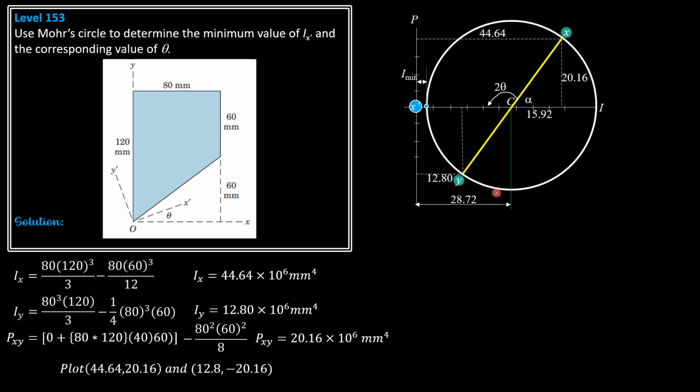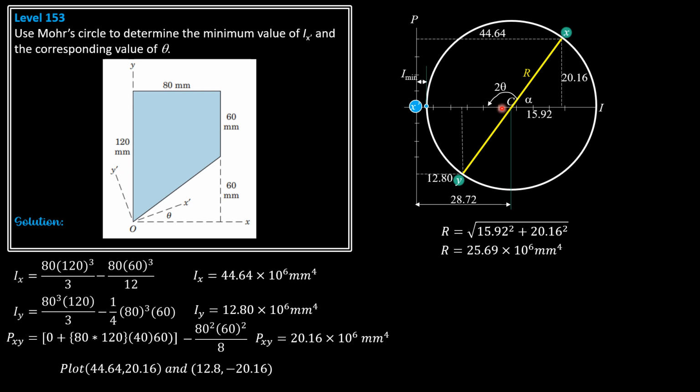So again, let's solve for r and alpha first. r is the square root of 15.92 squared plus 20.16 squared. So r is equal to 25.69 times 10 to the 6 mm to the fourth.